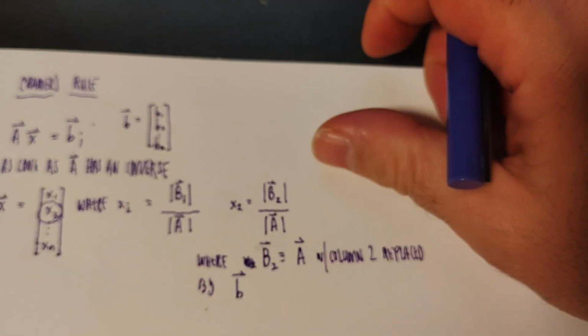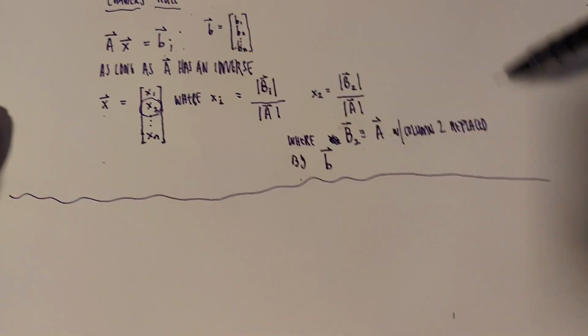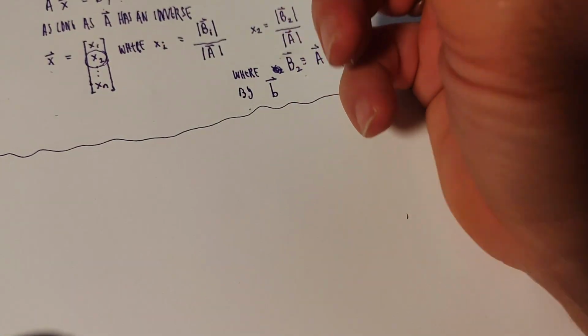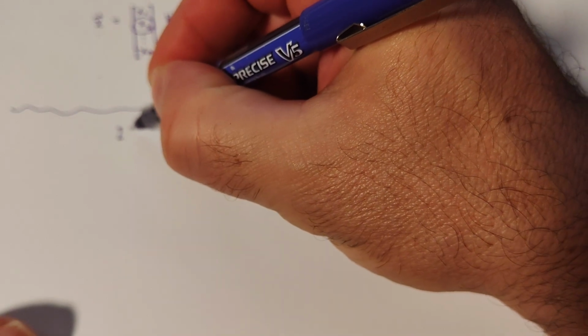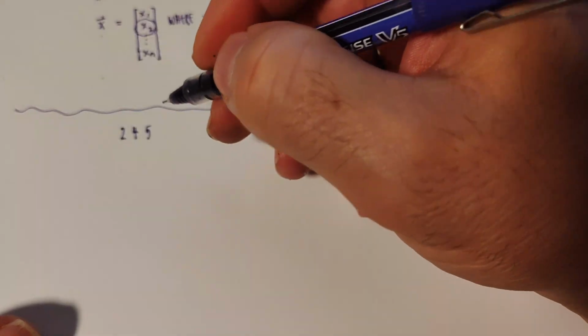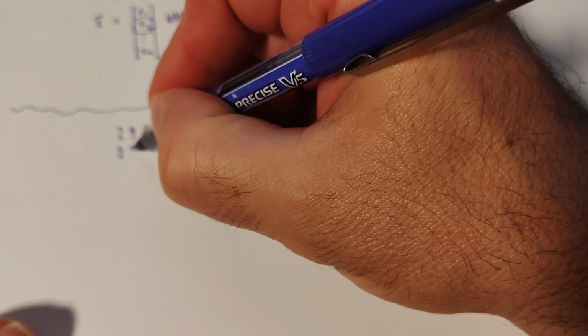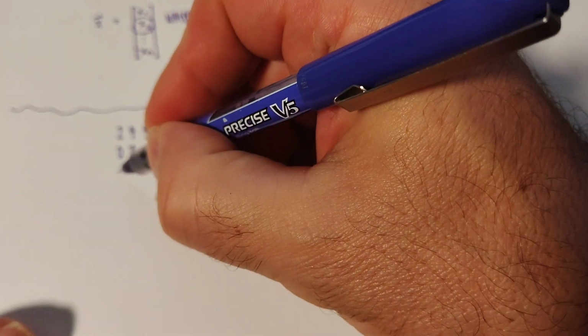All right, so let's do a quick example of one of the matrices that we've been working with. So let's say we have the following system here: 2, 4, 5, 0, 3, 0, and 1, 0, 1.